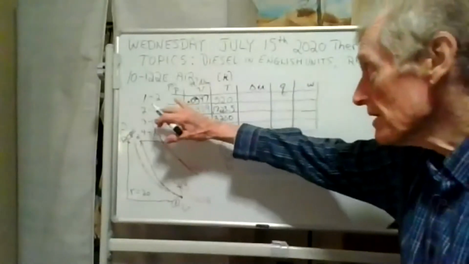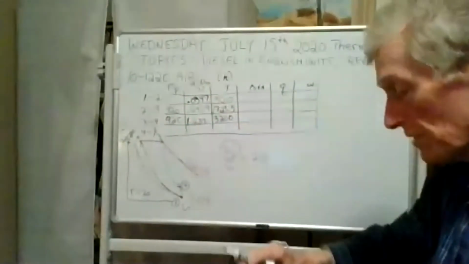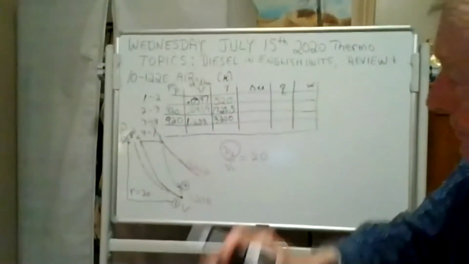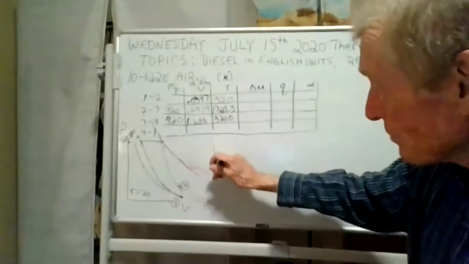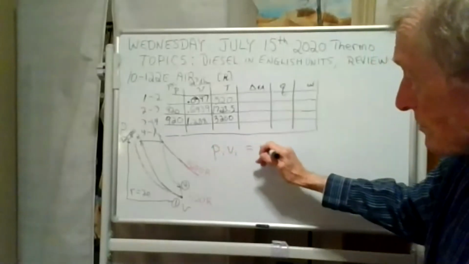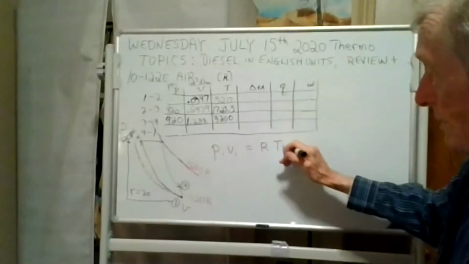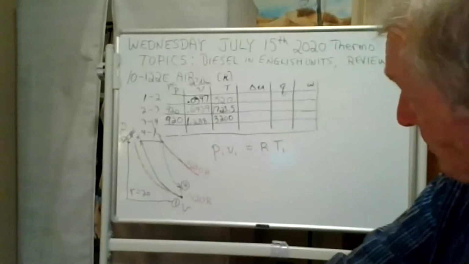Now look at here. P1 V1 is equal to RT1. All right. Guys, P1 little v1 is equal to R little t1. No, not, that's a big T1, isn't it?